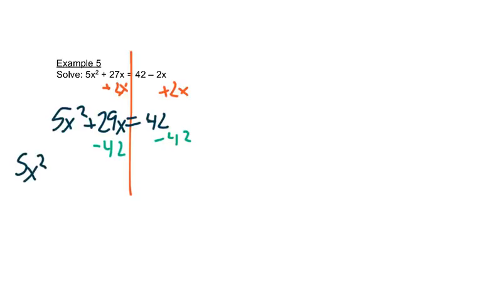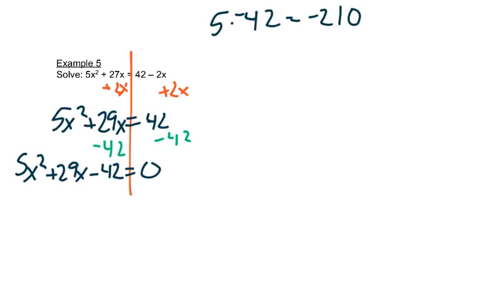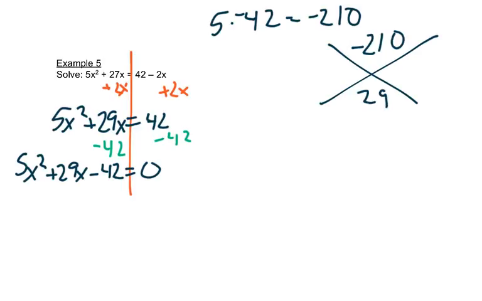So I get 5x squared plus 29x minus 42 equals 0. Now there's no greatest common factor here. It's a trinomial, so I need to take 5 times negative 42. That gives me negative 210. So I'm looking for two things that multiply to get negative 210 and add to get 29.